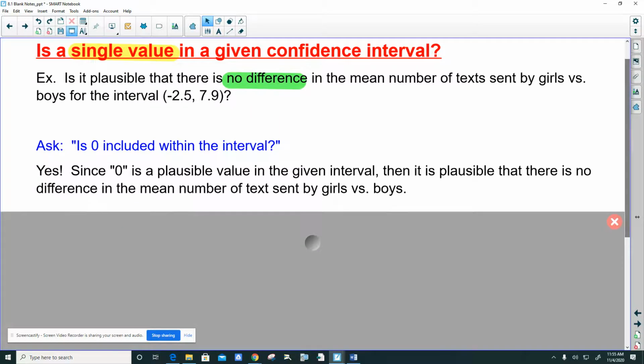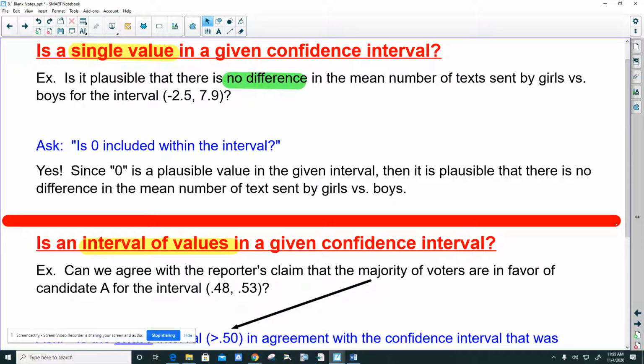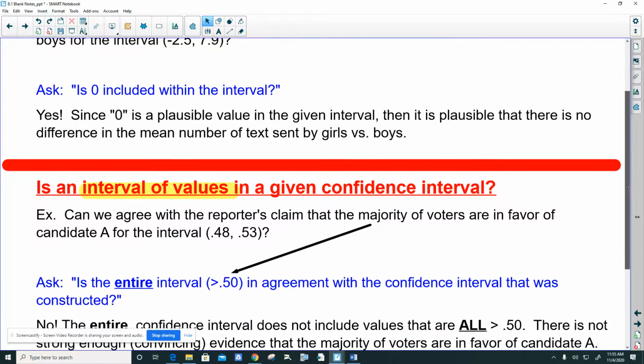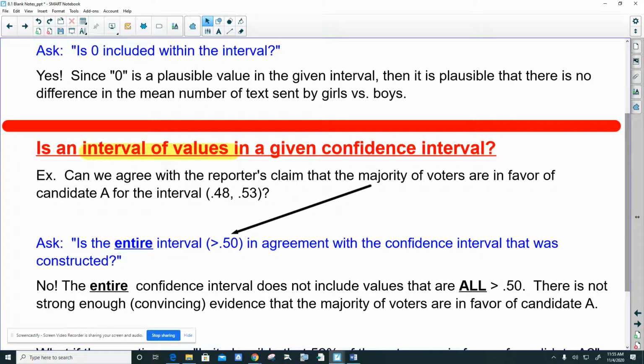The difference between that and this question is, and this is where maybe a reporter is claiming that the majority of voters are in favor of, say, candidate A, and they give us a confidence interval. Now we're not just looking for one specific value like 0 being included.